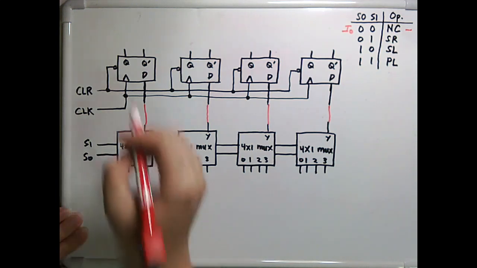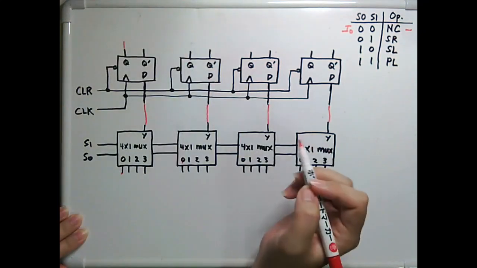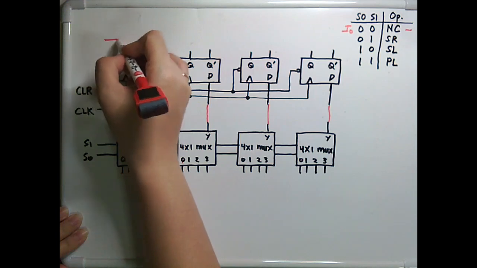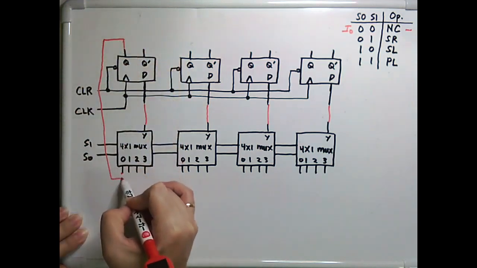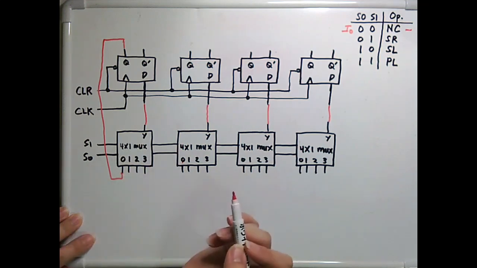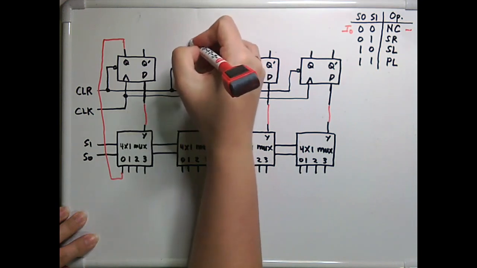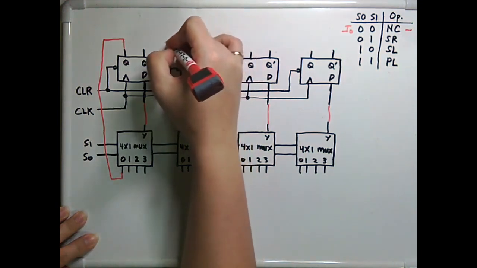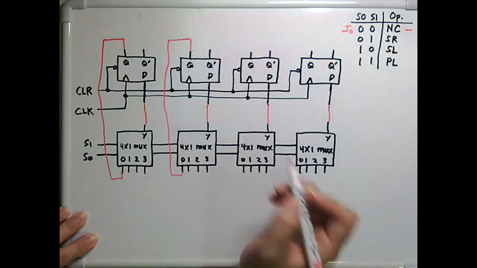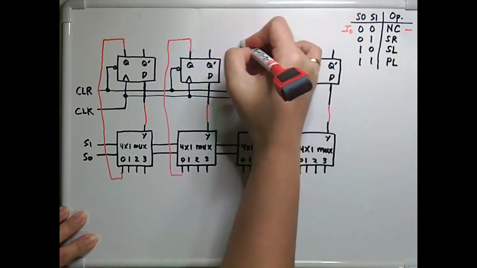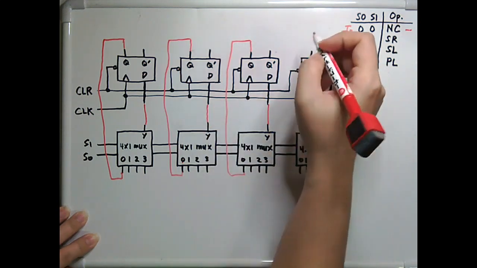So that means that we need to take Q and connect it directly to I0. There you go. Forgive the messy lines. So this is also I0. This is also I0. And lastly, the last flip-flop.